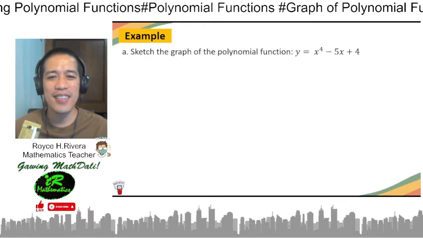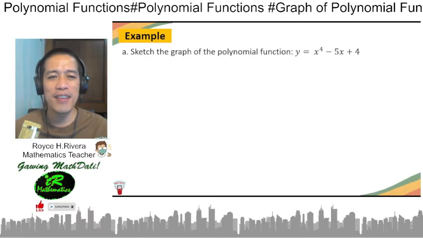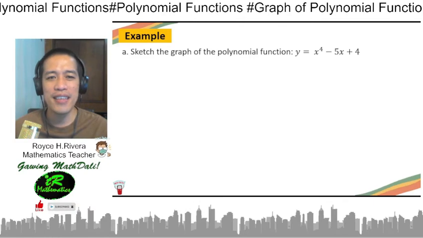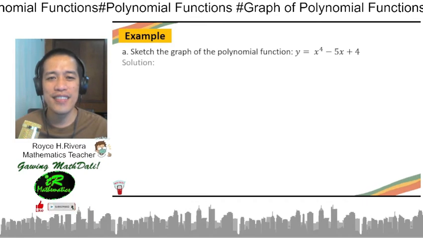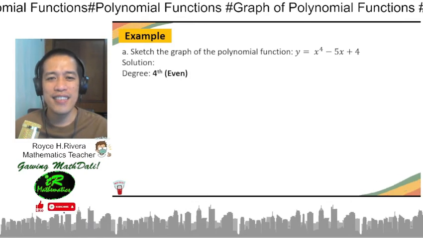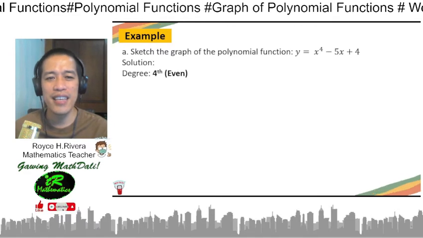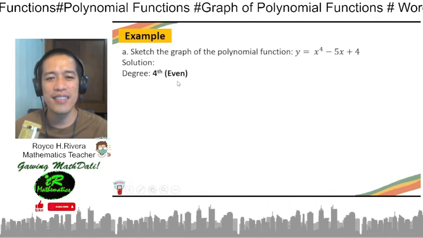Let us try to sketch the graph of the polynomial function y equals x raised to 4 minus 5x squared plus 4. So the degree of the polynomial function is the fourth degree, so that is even.